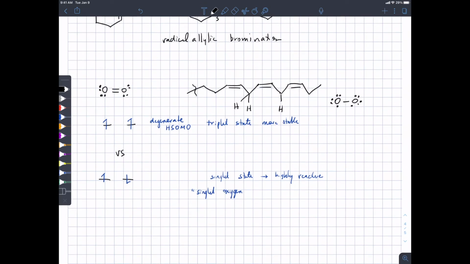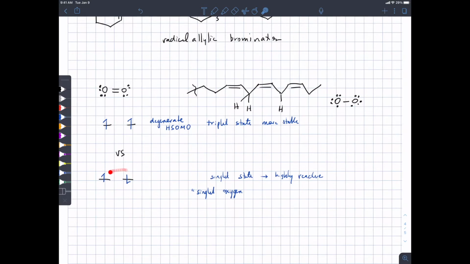We can go look it up. I won't attempt to Google it, but if you want to see the MO picture for oxygen, you do have these 2 equal in energy orbitals. You run out of electrons, and is it Hund's rule that says that you fill up the orbitals one electron at a time until you run out, and spins should be parallel because that's more stable.